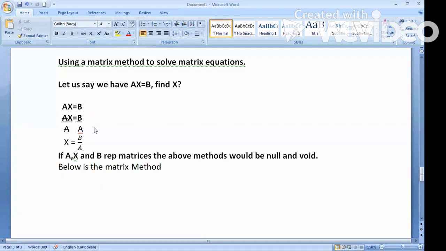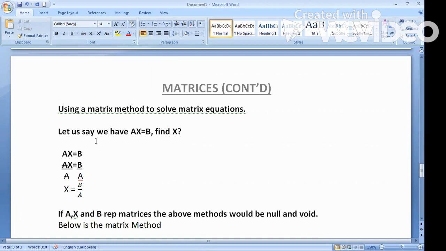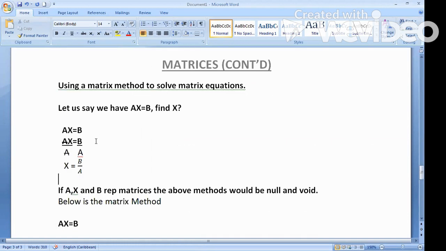A, X, and B represent matrices. So A will be a matrix, X will be a matrix, B will be a matrix. Everybody following? Any questions so far?